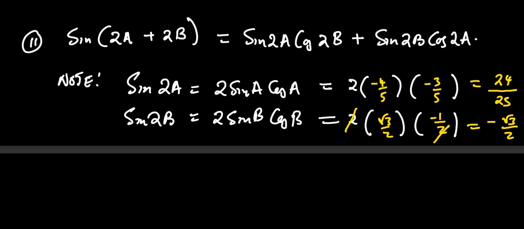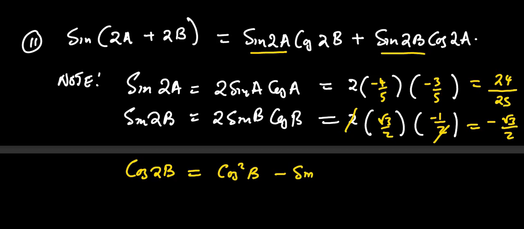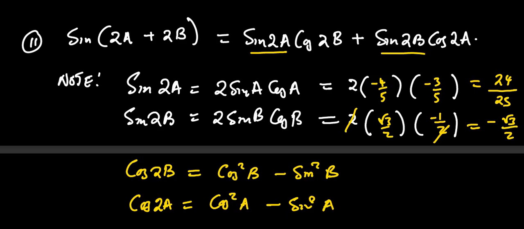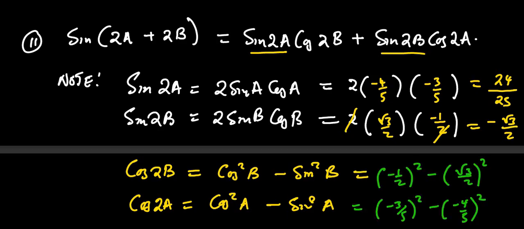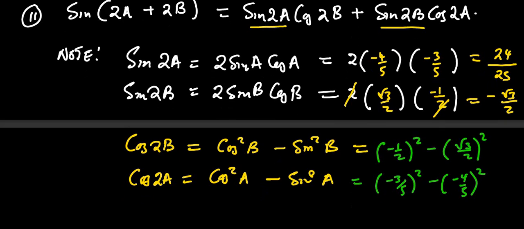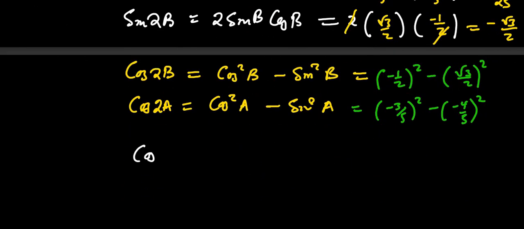Then from here, we only got sine A and sine B, right? We need to get cos 2B as well. So cos 2B is simply going to be cos squared of B minus sine squared of B, right? Then you also know what cos 2A is supposed to be. It's simply cos squared of A minus sine squared of A. So cos 2B is equal to 1 over 4 minus 3 over 4.